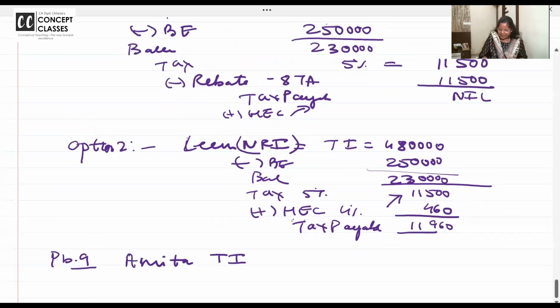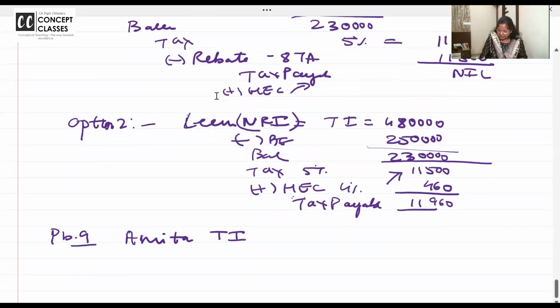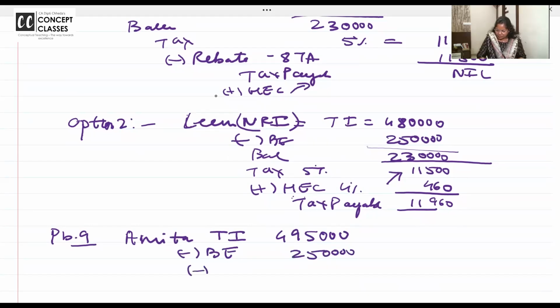Amita's total income is 4,95,000. Will rebate be given? Yes. What will be the basic exemption? 250. What's the balance?